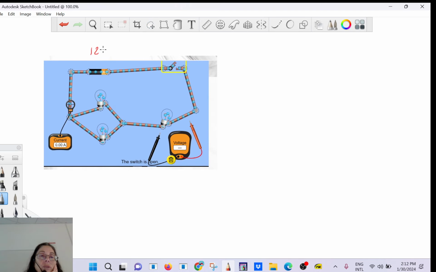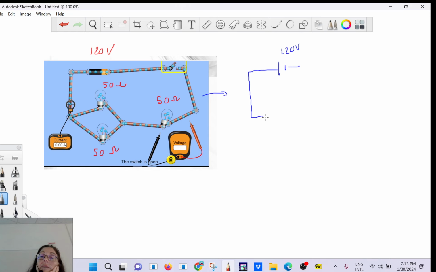Okay, so this is 120 volts. This is 50 ohms, and this is 50 ohms, and this is 50 ohms. So I can go step by step from here. I'm going to replace it by 120, and I will show you a different way to do it. And then you have a 50 and a 50.